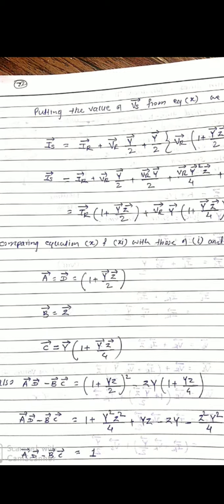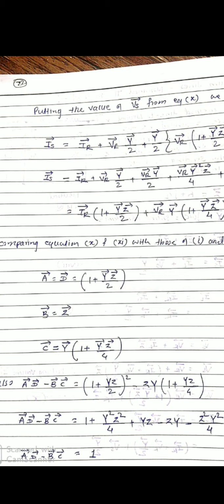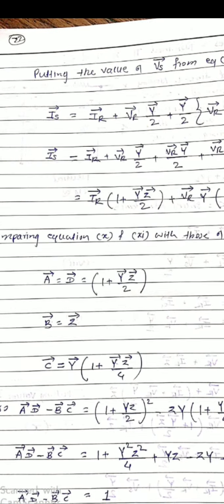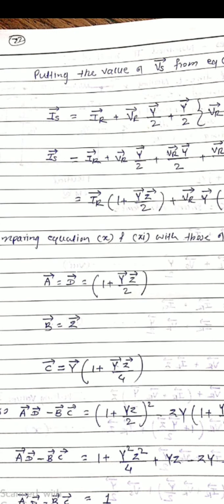Then comparing that with equation number 1, we get A is equal to D is equal to (1 plus YZ divided by 2), B is equal to Z, C is equal to Y (1 plus YZ divided by 4).